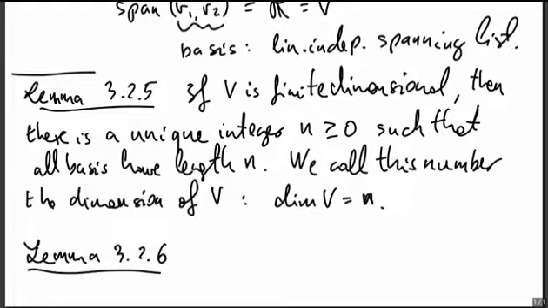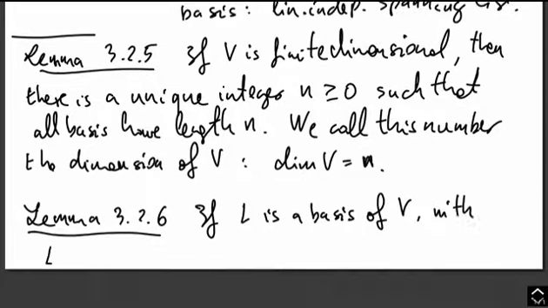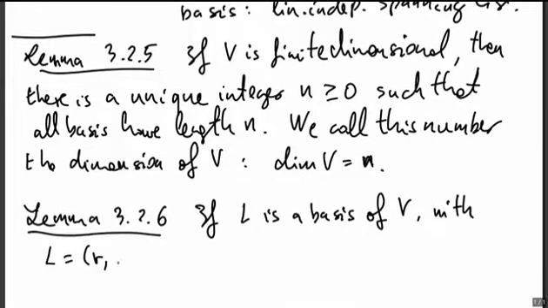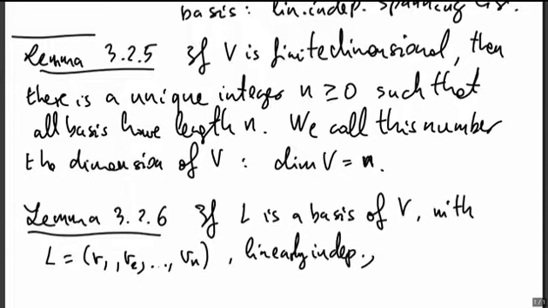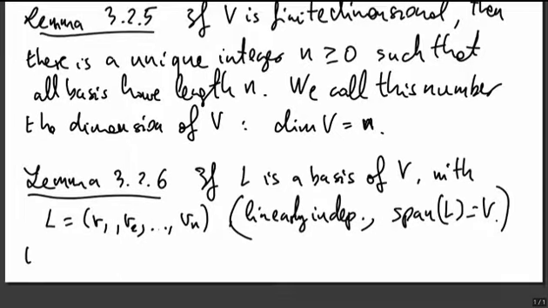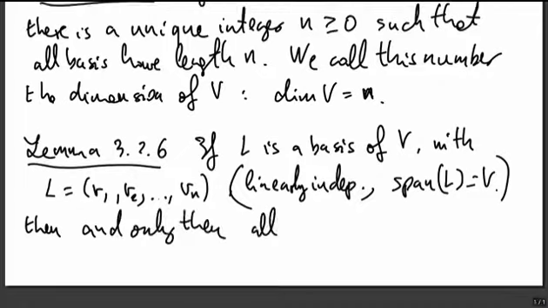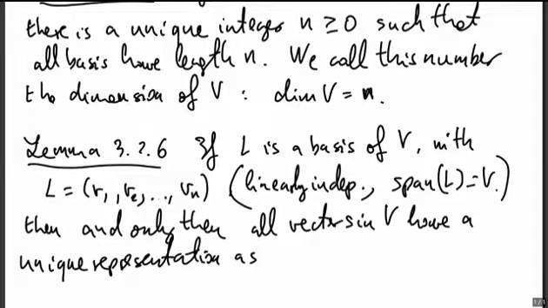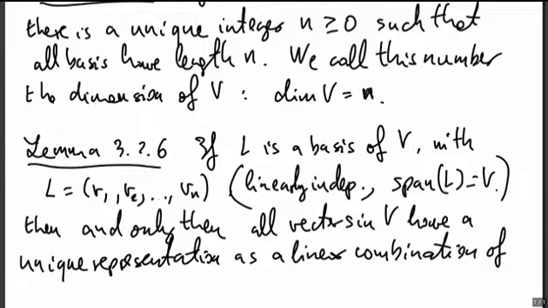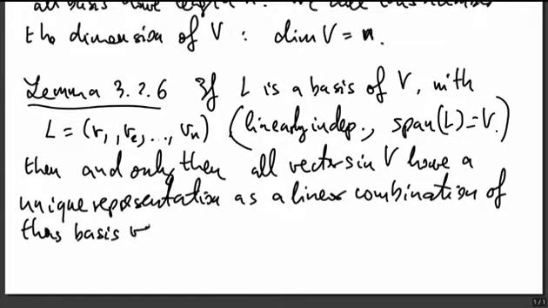Another simple lemma, 3.2.6, says that if you have a basis L with L equals v1, v2, through vn, so that means also that it is linearly independent, and the span of L equals the whole space, then, and only then, all vectors in V have a unique representation as a linear combination of the basis vectors.